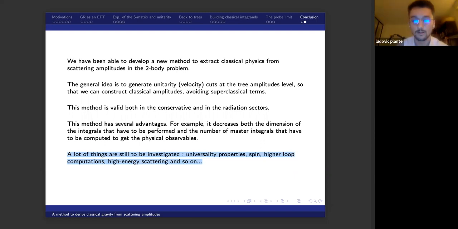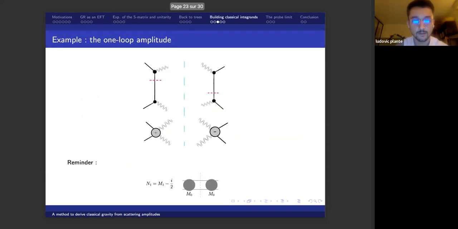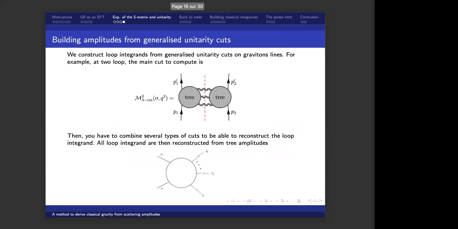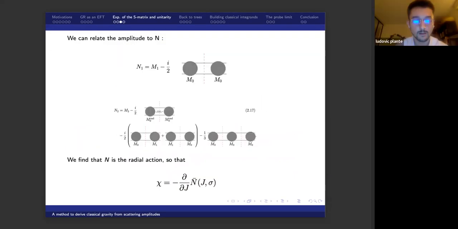You mean gauge invariance, if I understand? Yeah. I would say all quantities here are gauge invariant, because I don't know where we could break gauge invariance.